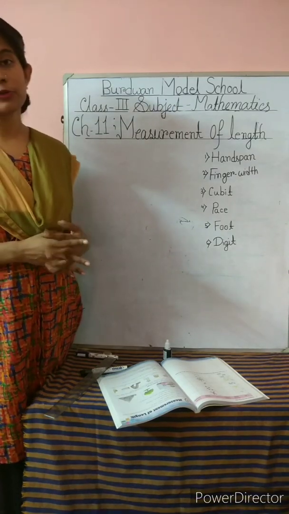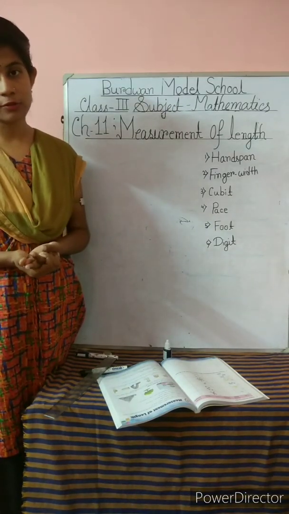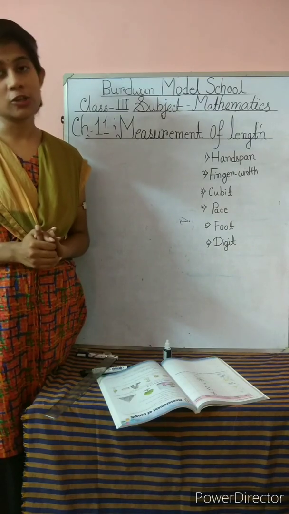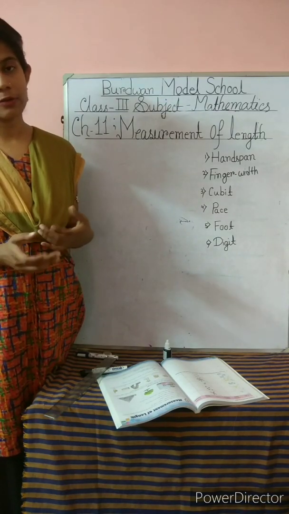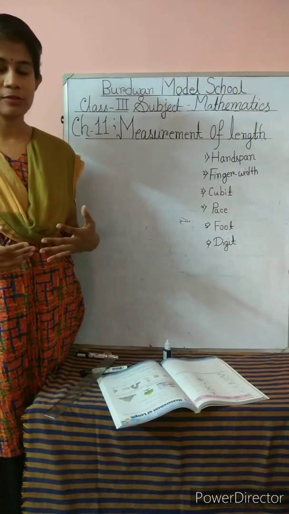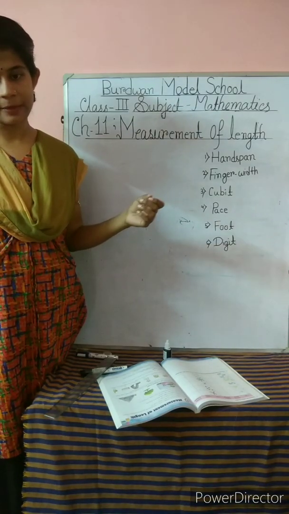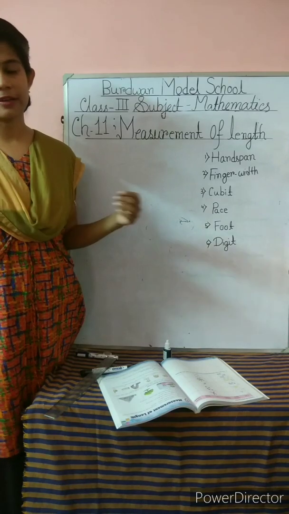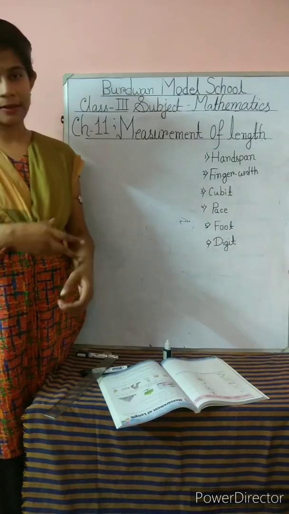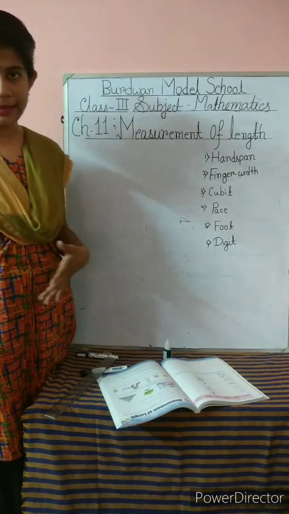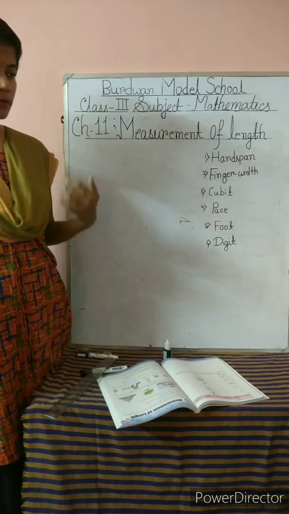Now, wherever you go to a tailor shop and you want to make any dress, at that time they use a measuring tape, and they measure the length of your hand, of your leg, isn't it?